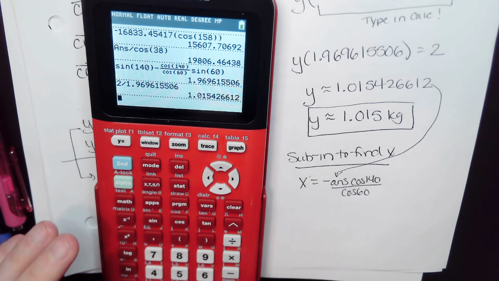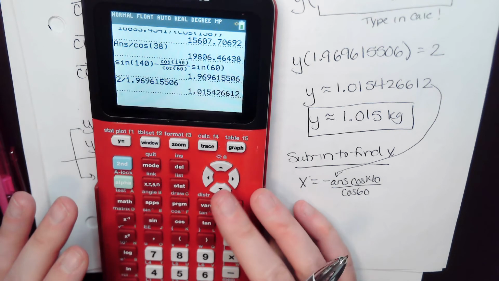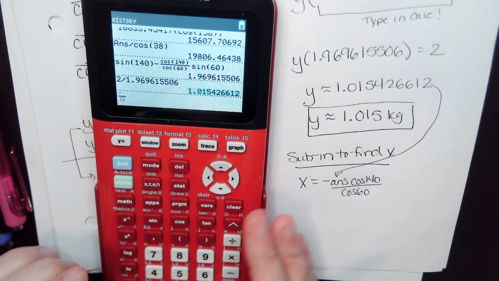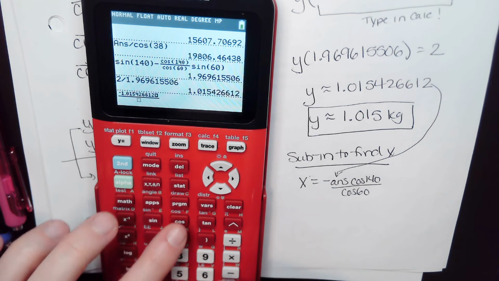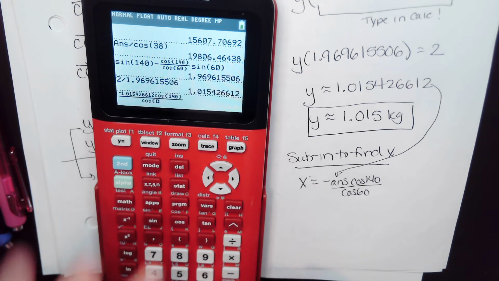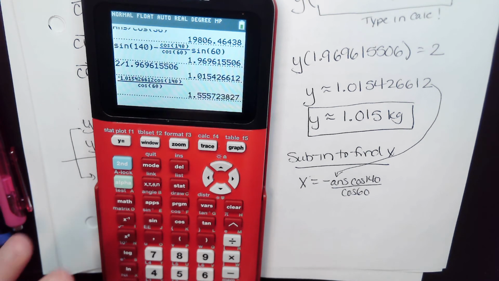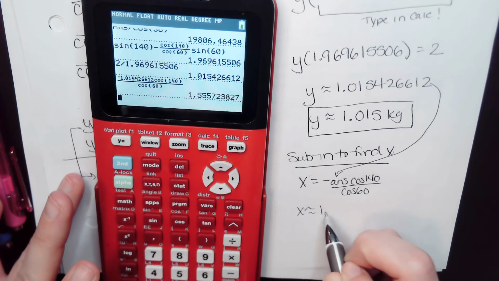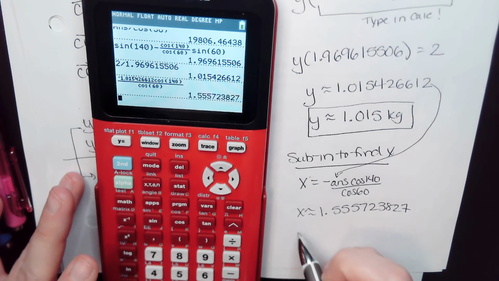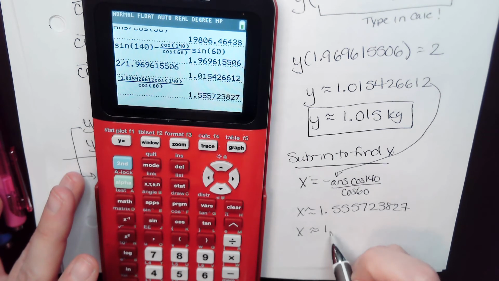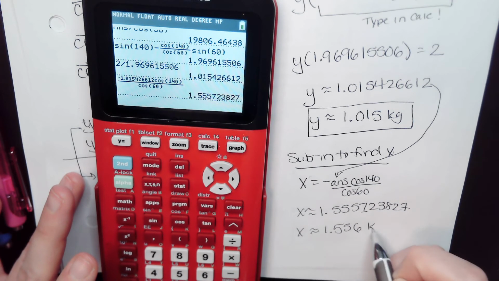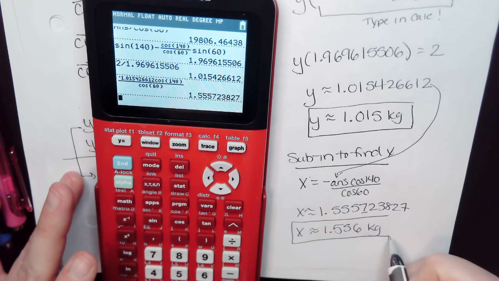Make sure you use the negative symbol and not the subtraction symbol, because that is a common mistake that'll cause you to get the wrong answer. And down here I have cosine of 60. Write out our full decimal and round to the nearest thousandth. So 1.55, since that's a 7, it'll go to a 6. So now we found both x and y.